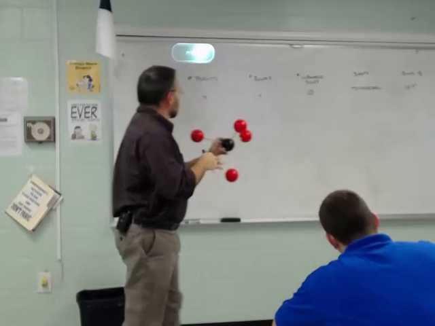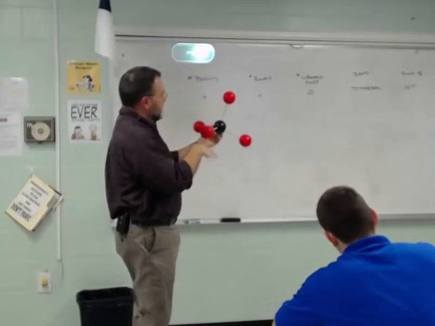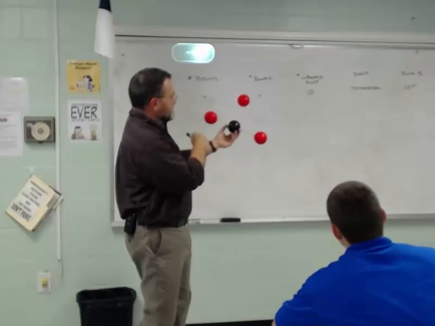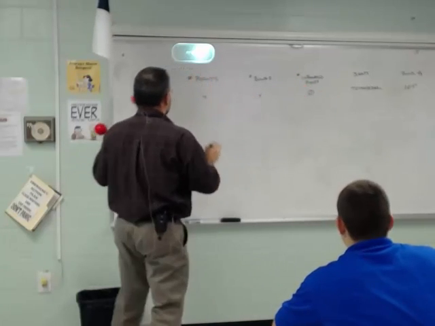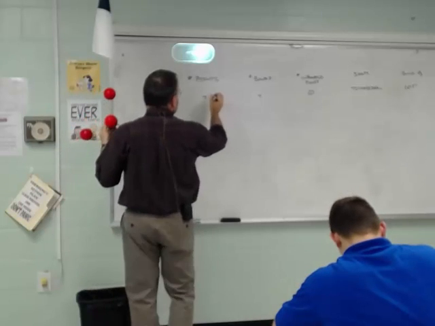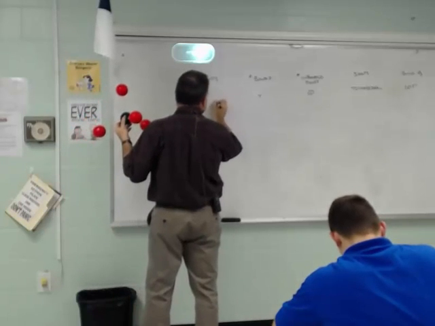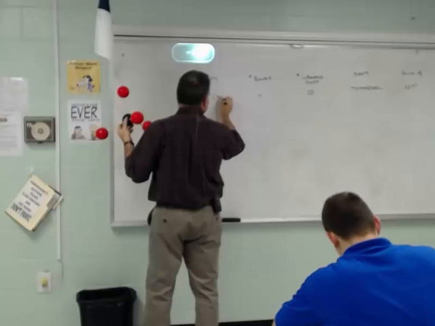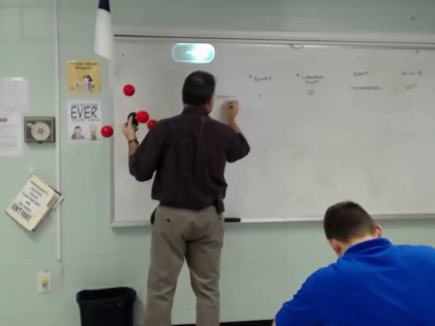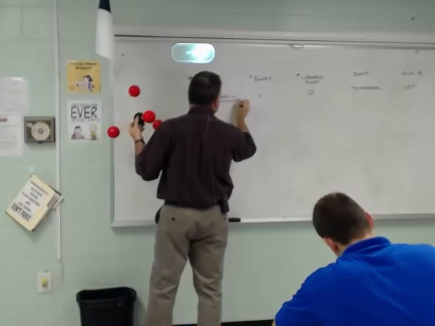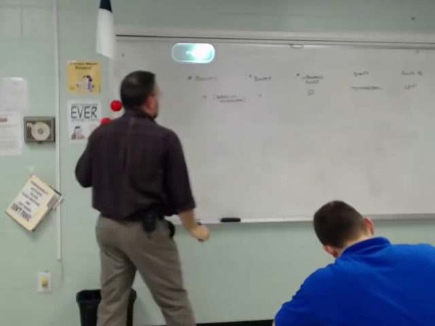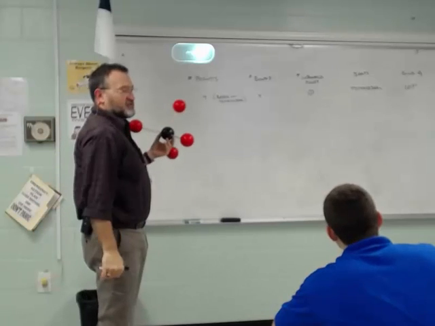So 4 points, 4 bonds, no unbonded pairs. The shape is a tetrahedral and 109 degrees. So for all of the ones that are 4 points, it's going to be based on tetrahedral. Everything that has 4 points is going to be based on tetrahedral.